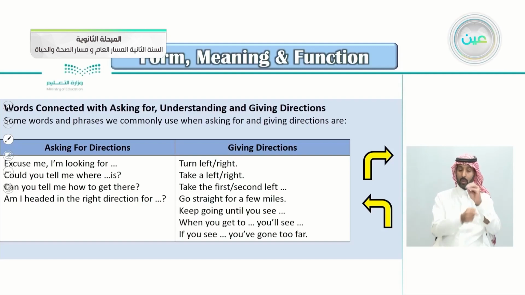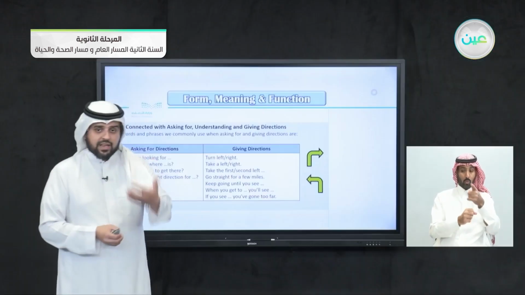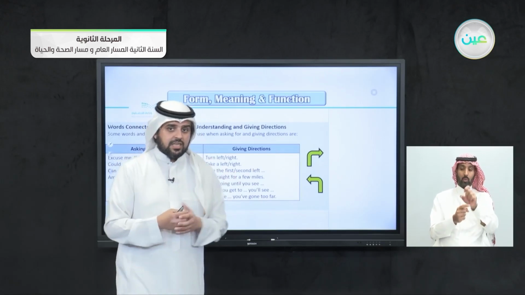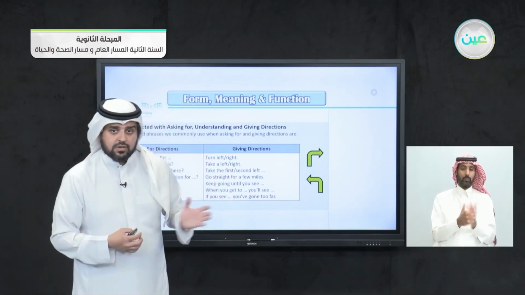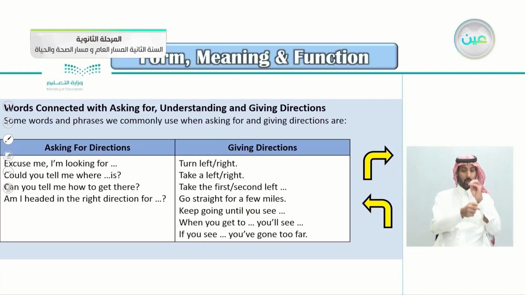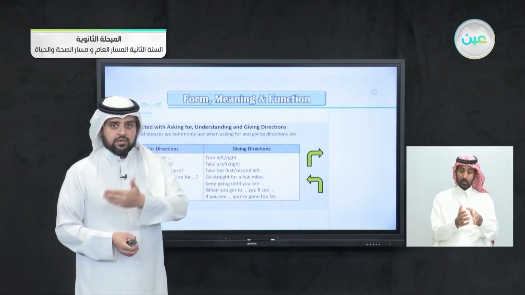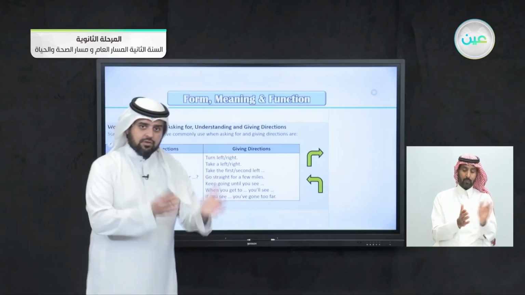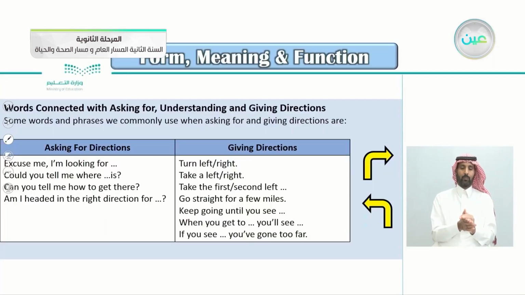Giving directions. When someone is asking you about directions, here are some words that will help you give directions. Turn left or right. Of course, you can say turn left or turn right, or even take a left or take a right.